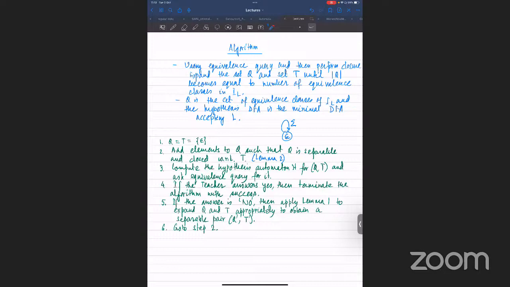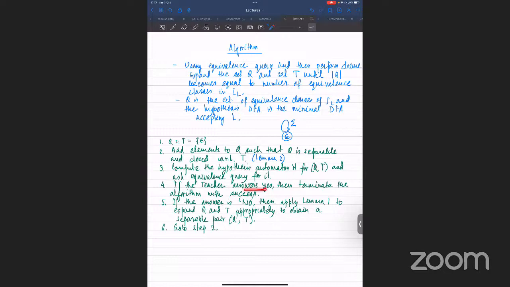Now you want to make it separable and closed, and if it is already the case, then you compute the hypothesis automaton, which we'll see through an example, and you ask the equivalence query.